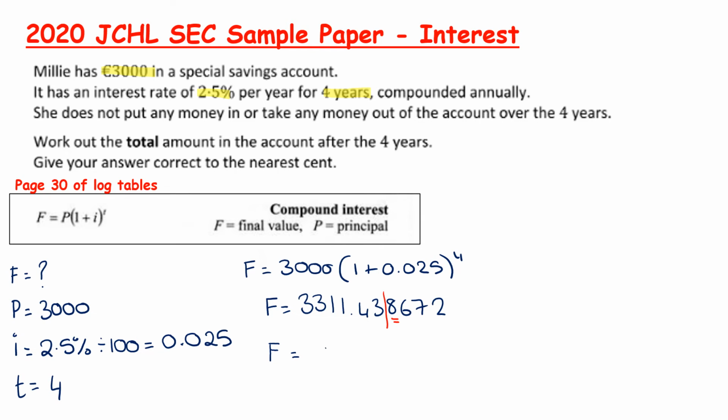And we get 3,311.44, as the next number is 8, so it rounds up. So they've asked us for the final value. If we were to be asked how much interest Millie got, we would subtract the 3,000 from our final answer. Then we can see she would have got €311.44 as interest over the 4 years.